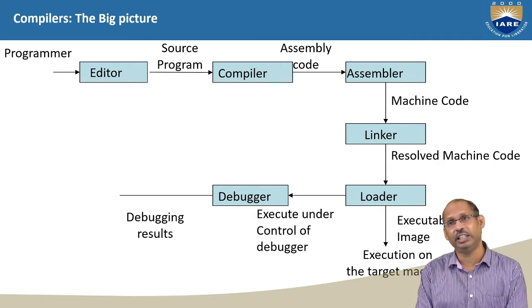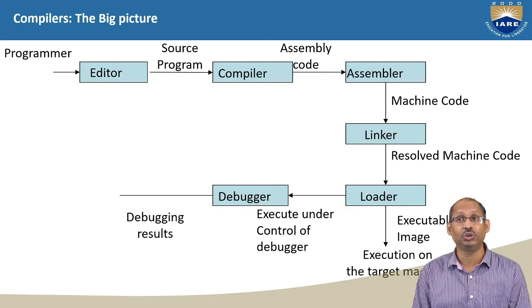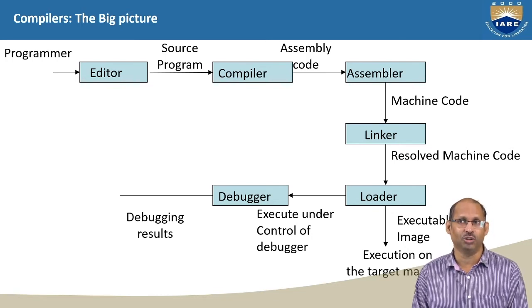The task of the debugger is to check the execution of each statement of the program. Sometimes we may get the wrong output. There are no errors in the program, but the output is wrong. We don't know where that logic problem occurred.